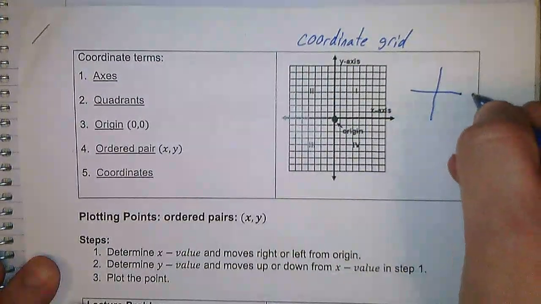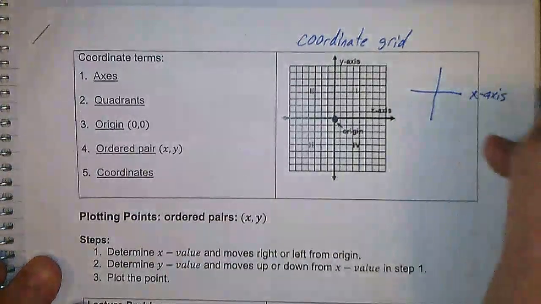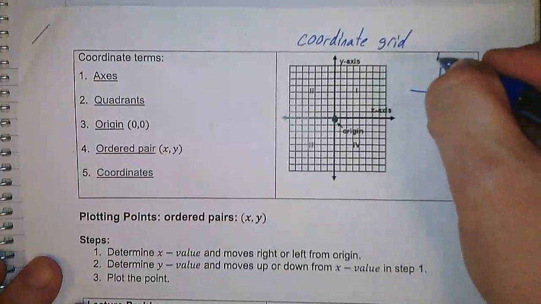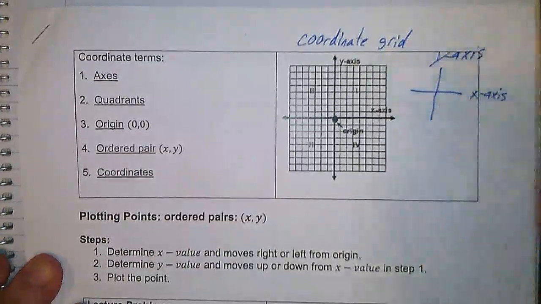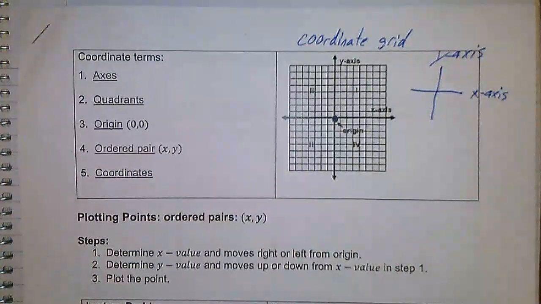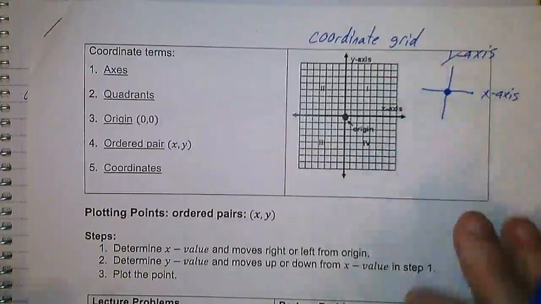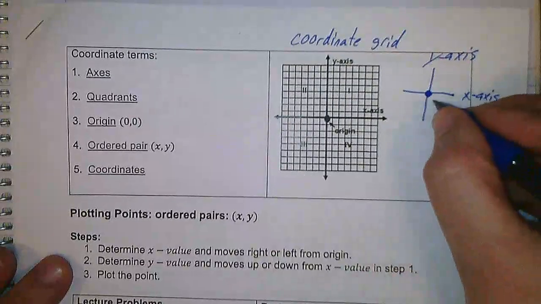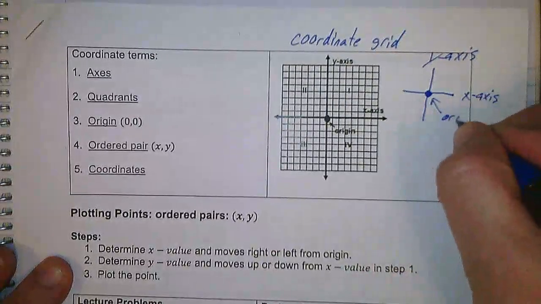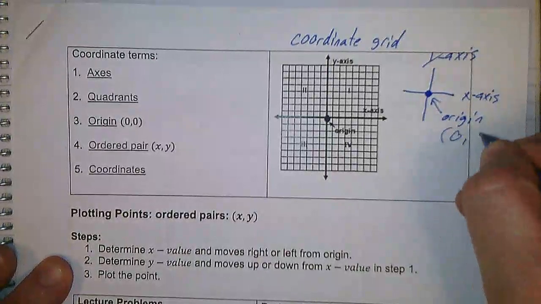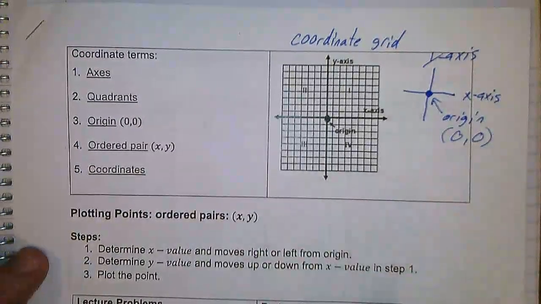The horizontal line is our x-axis, and the axis that goes up and down is our y-axis. Where the 2 axes meet in the center, that is the origin, which is at 0, 0.